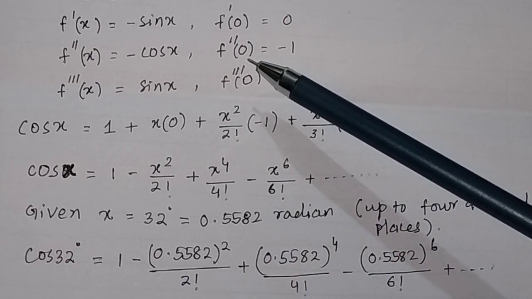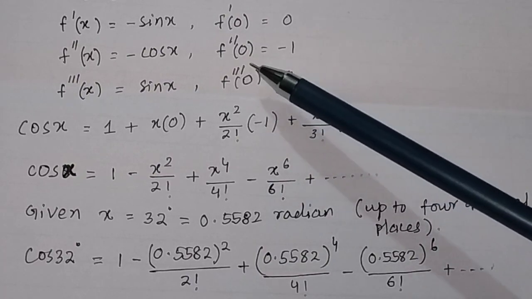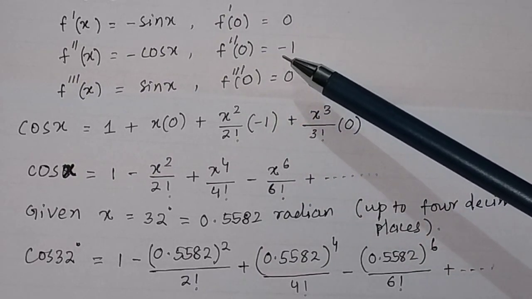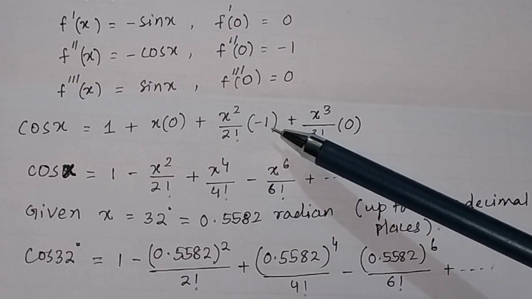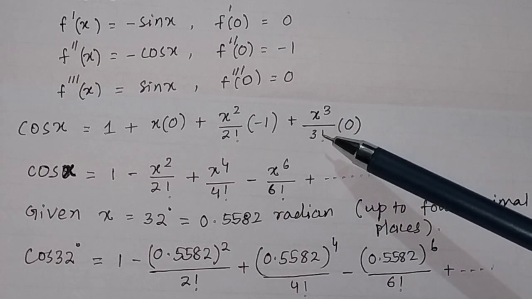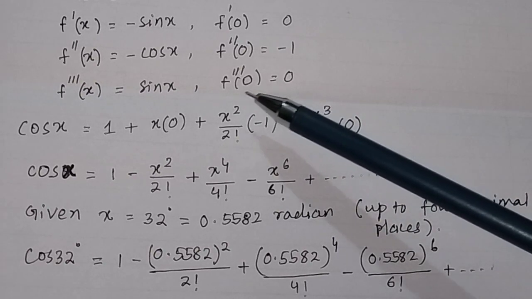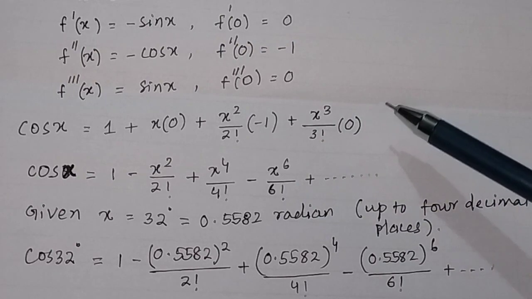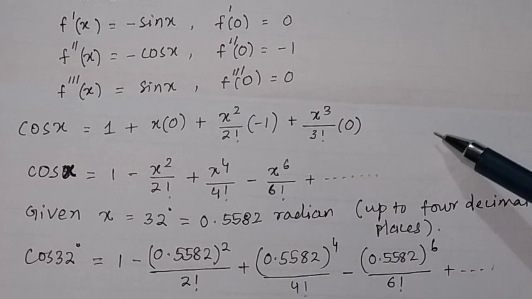Then f double dash 0, the second derivative, is equal to minus 1, so here it is minus 1. The next term is x cube, because a equal to 0, so x cube divided by factorial 3, and the third derivative is equal to 0. In this way you can find out the next terms.